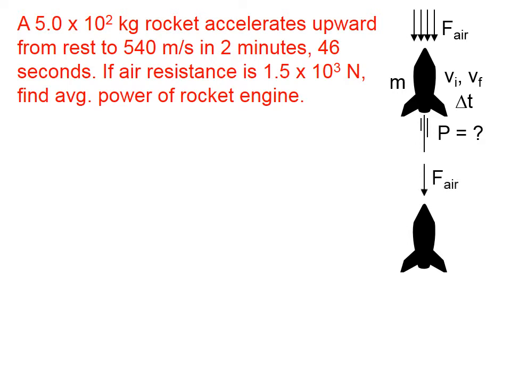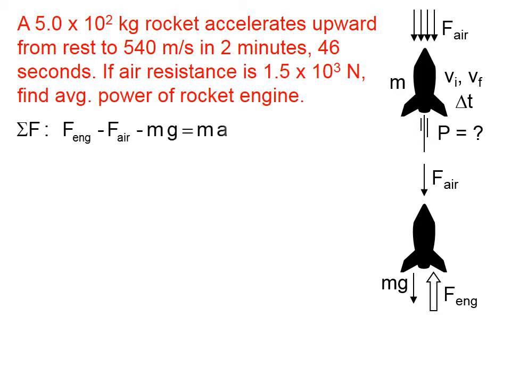So let's draw a free body diagram of this rocket. Air resistance opposes the motion of the rocket. The weight of the rocket, of course, acts straight downward. And what I'm just going to call the force from the engine propelling it upwards. Sum the forces.